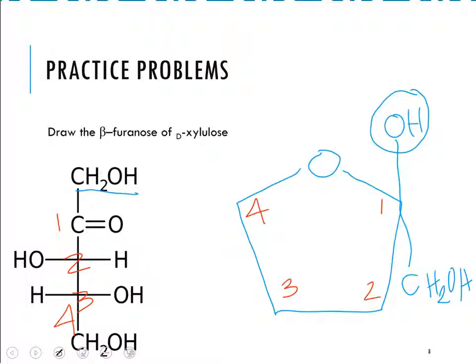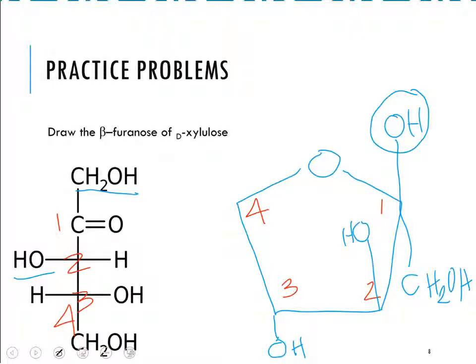And the opposite would be true if we had the alpha form. So we look at the rest of our structure here. Carbon number 4 is the last carbon in our chain, so it doesn't have any substituents coming off of the ring, but carbons 2 and 3 do. So carbon 2's alcohol is going to be pointing up because it's on the left, and carbon 3 is going to point down because it's pointing to the right.